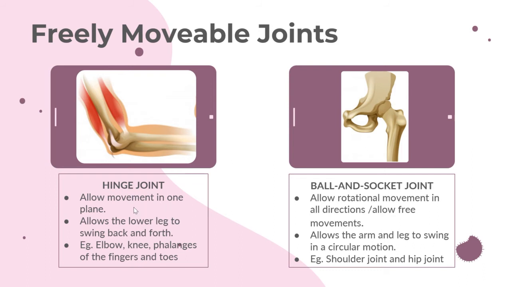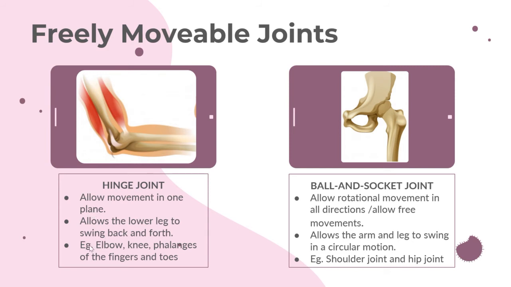So the joint allows the movement not in one way, just in one plane, whether it will go back or forth. The hinge joint will allow the movement in one plane.